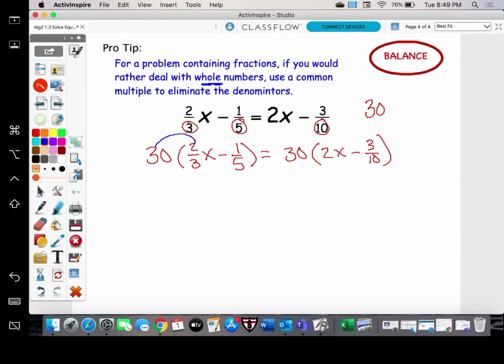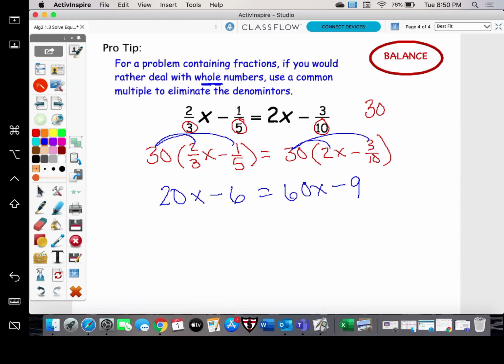So we distribute using the distributive property. 30 times 2/3 is 20x, minus 30 times 1/5 should be 6. Then we distribute on the right-hand side: 60x minus 9. Now it looks like a much easier equation to solve where everything is just integers.